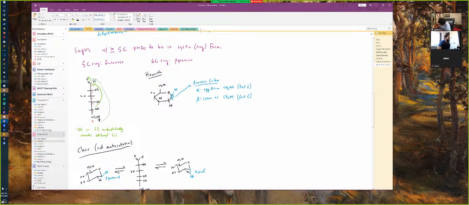So see how it's the O that hits that carbon? That's why you have this bond over here. In this ring, you have that oxygen in the ring.